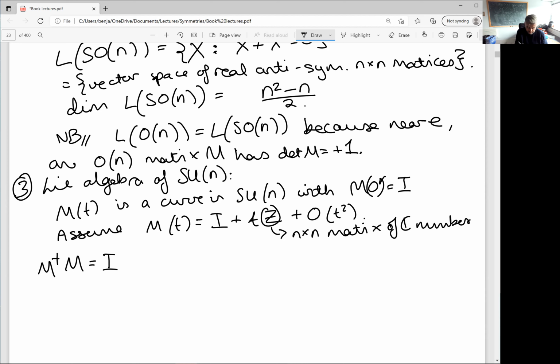So if you substitute M of t into this and look to first order in t, you'll find that this matrix Z is anti-Hermitian.